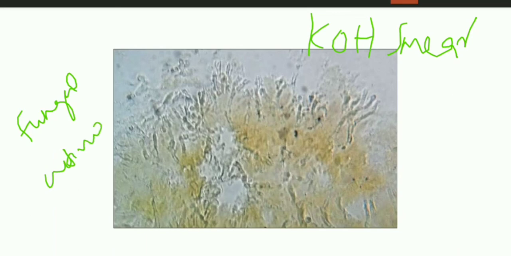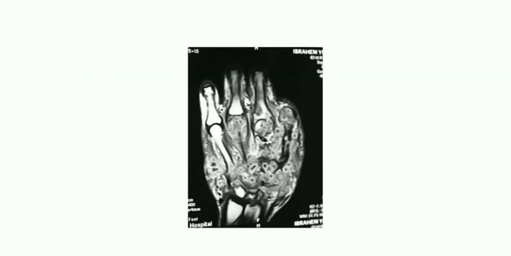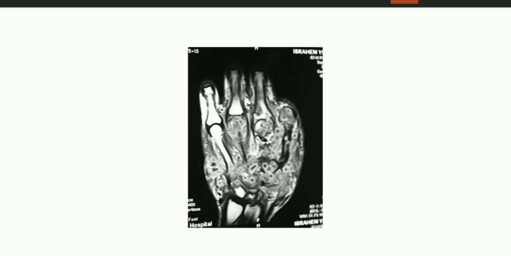From the appearance you can observe by looking at the color. Now from the KOH smear, the fungal grains will be looking broader. And if it is actinomycotic, we know it is a filamentous bacteria, so you can see fine filament. Now at last you can do an MRI.